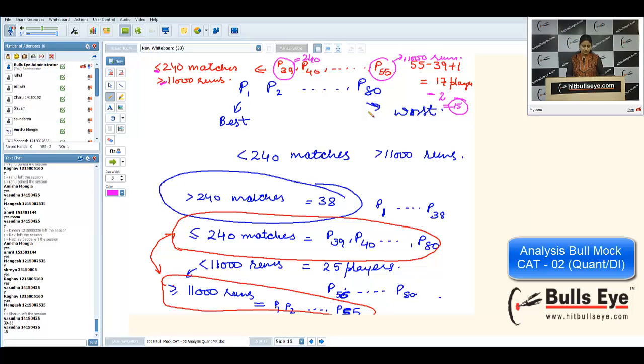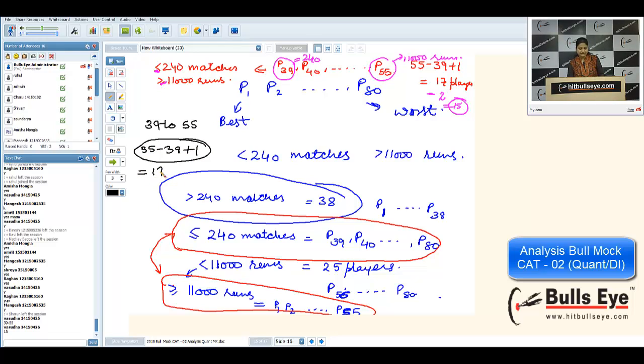Vasudha, whenever you want to count the number of items from 39 to 55, it will not be 55 minus 39, rather it will be 55 minus 39 plus 1. Once again, let me write. See what I am saying. From 39 to 55, how many numbers are there? They are not 55 minus 39. They are 55 minus 39 plus 1.